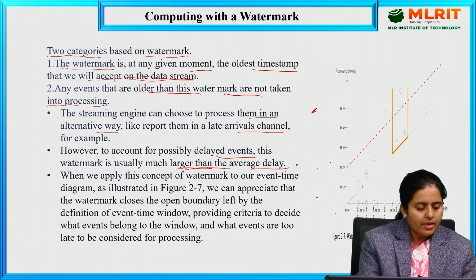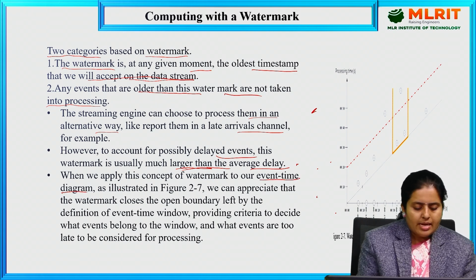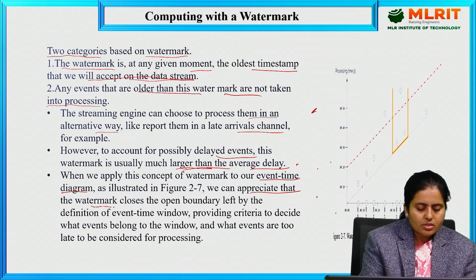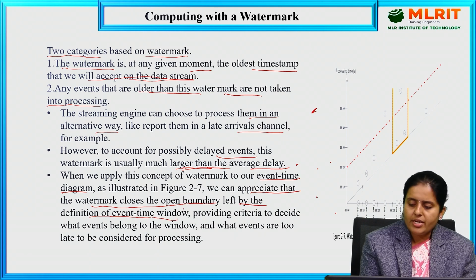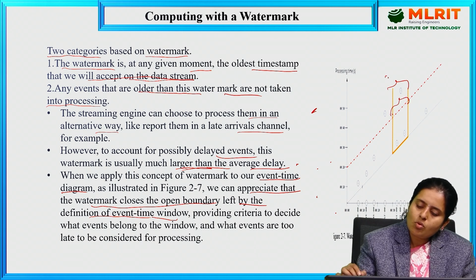Next, when we apply this concept of watermark to our event time diagram, it is shown here. We can appreciate that the watermark closes the open boundary left by the definition of the event time window. Here you can see that the watermark has closed this open boundary of event time.